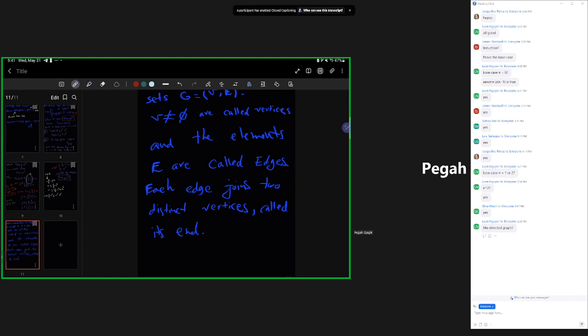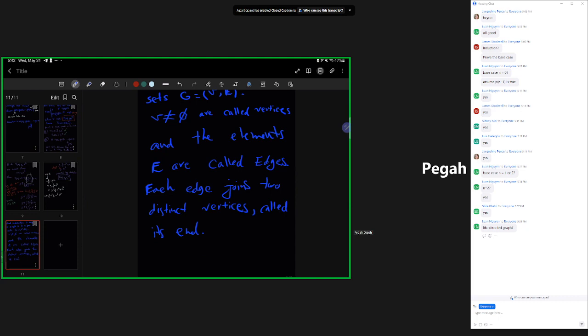No two edges have the same ends, because it's not possible. So we can say an edge is an unordered pair of vertices, a two-element subset of vertices.